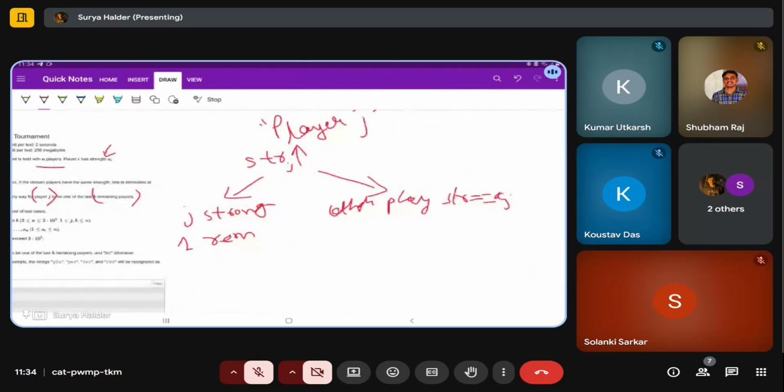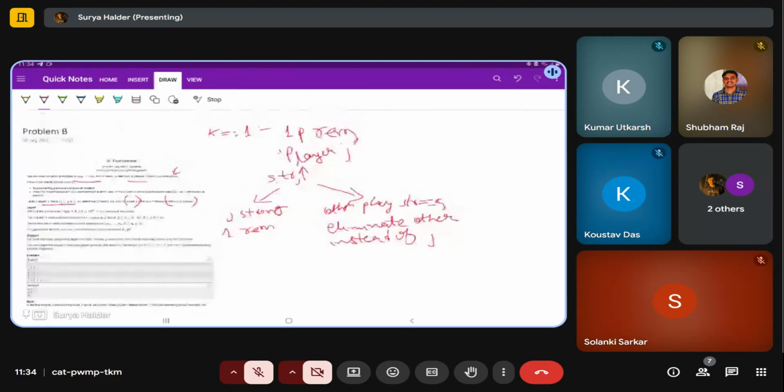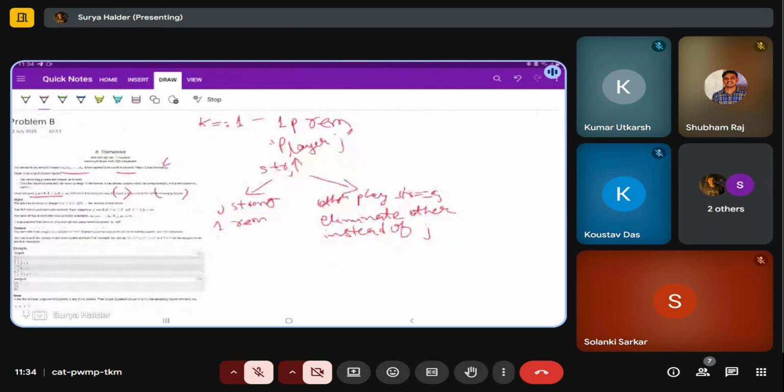So if the other player's strength is also A[j], then I will eliminate the other player instead of player j. If I eliminate the other player instead of player j, then till the last my player j will remain alive. So for k equal to 1, we just need to check whether the strength of player j is the highest among all the strengths or not.